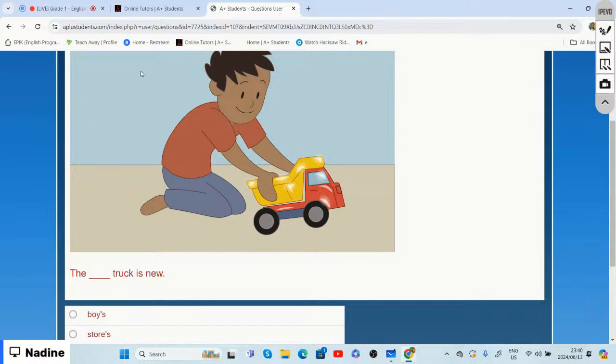Do we say the boys' truck is new, or do we say the store's truck is new?